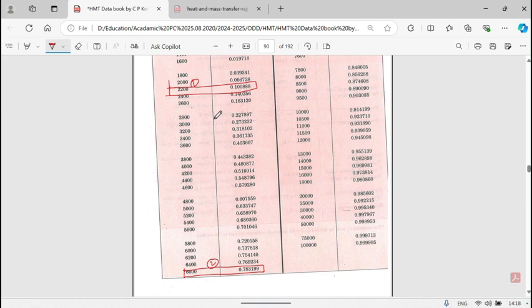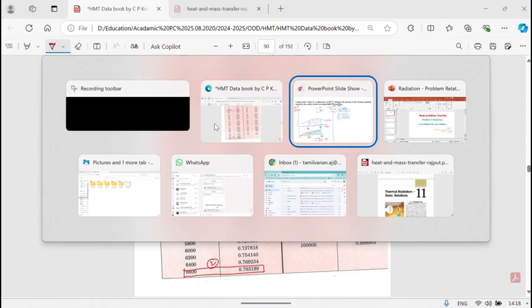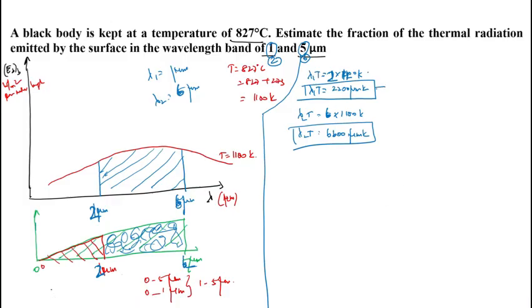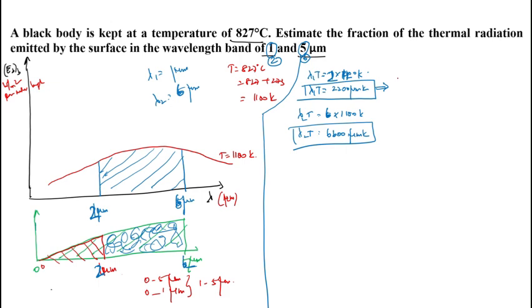Now we can write in the presentation. Here at this condition, note that EB0 lambda divided by sigma T to the power of 4, better we take it from the data book.